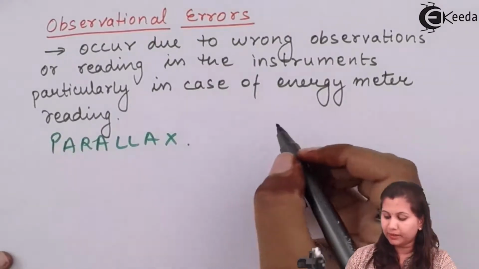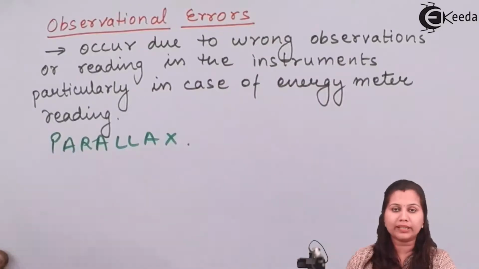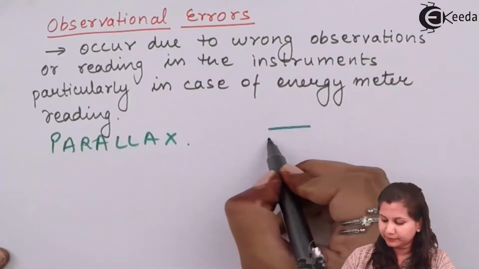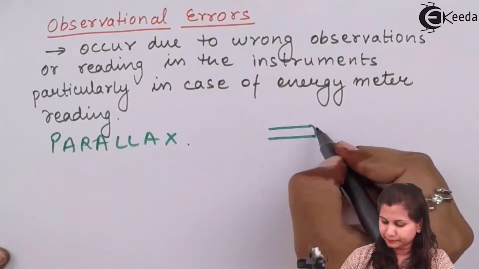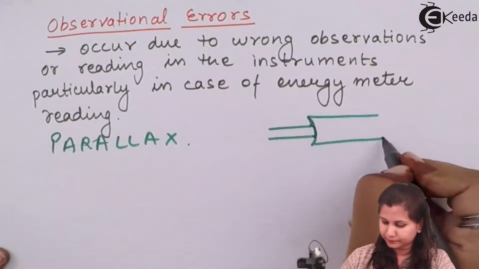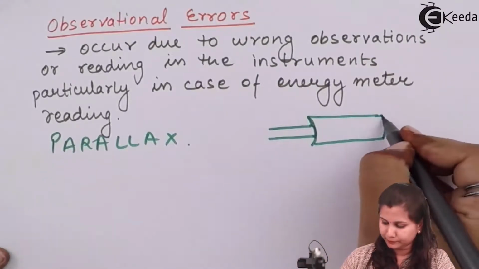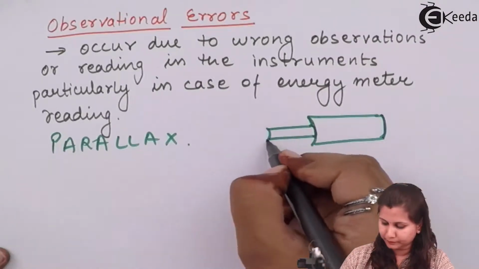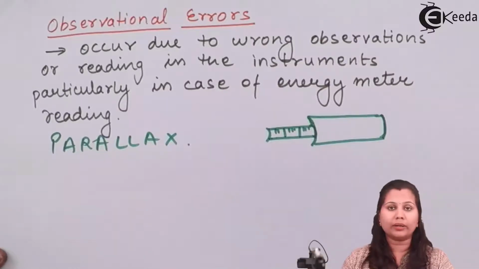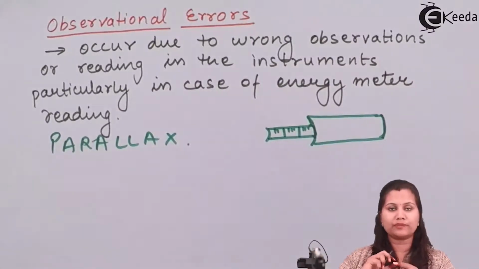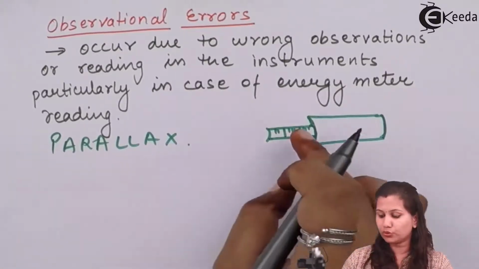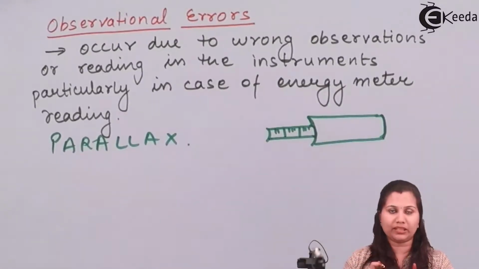Suppose, again taking the example of vernier calipers. In vernier calipers, we take the readings. There are two scales which move along with each other, and we have to find the point where the two scales' readings coincide with each other.